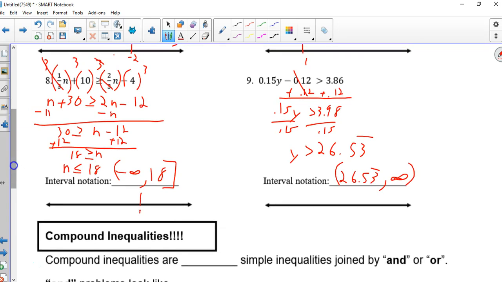Number 8, 18, solid dot, because it's less than or equal, and it's going towards negative infinity. And now caught up on number 9, 26.53 repeating. It is an open dot going out towards positive infinity.